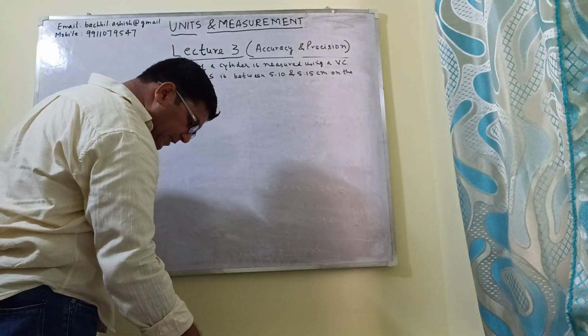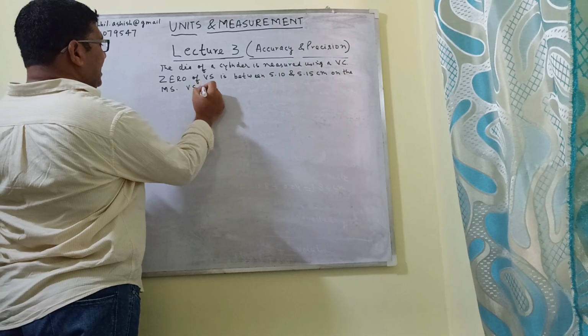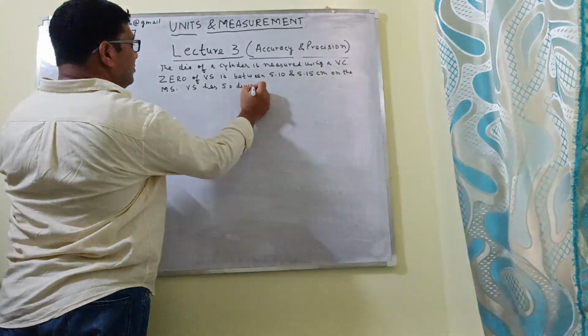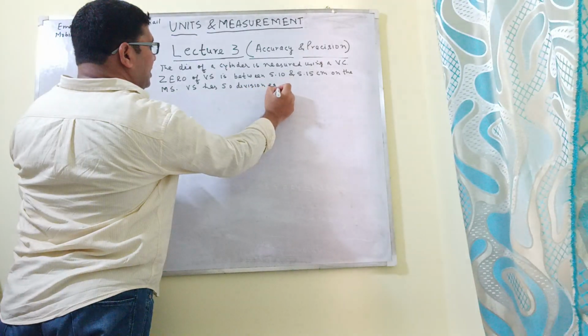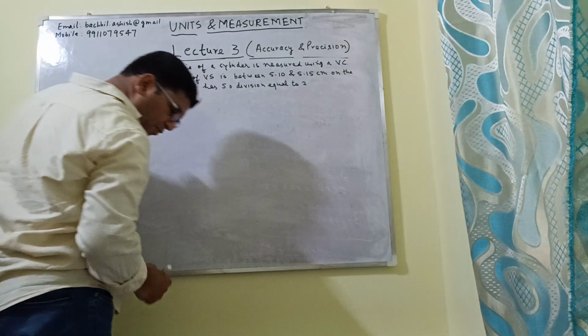The Vernier scale has 50 divisions equal to 2.45 centimeter.